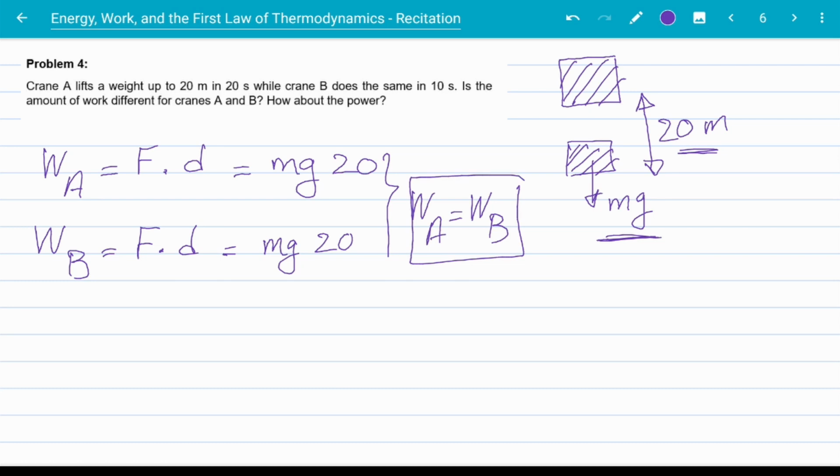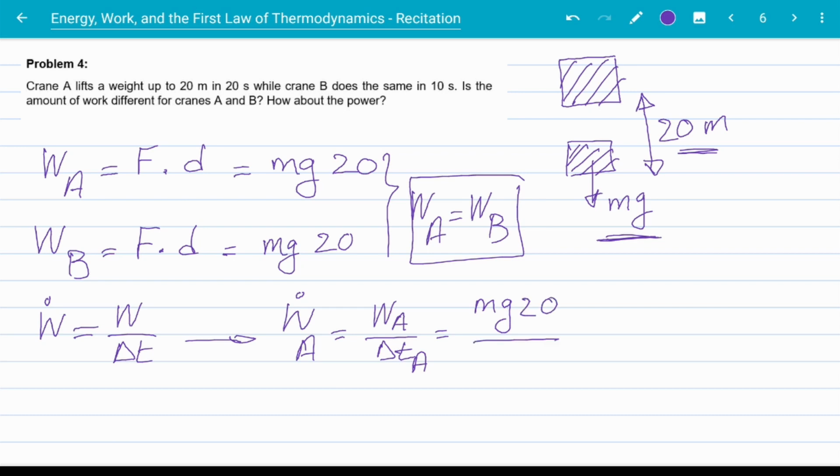Power, on the other hand, is a different story. Power is work over the time that it takes to perform the work. So the power of crane A is work A over delta T A, which is mg20 over 20 seconds.